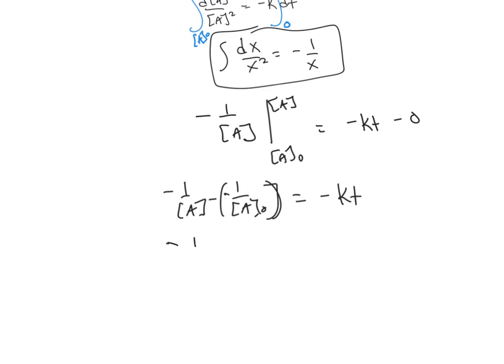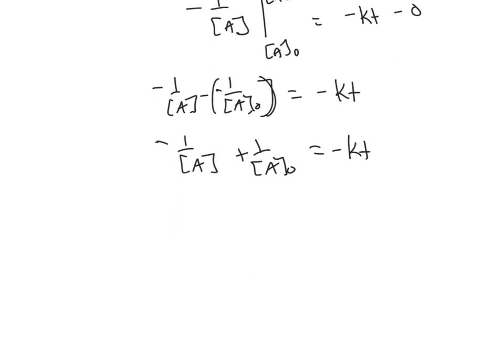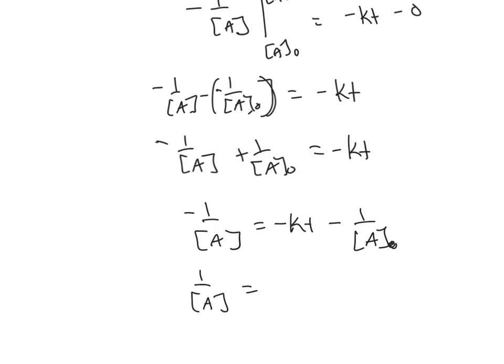So negative 1 over A plus 1 over A initial equals negative kt. Negative 1 over A is equal to negative kt minus 1 over A initial, and multiply everything by negative 1. So you have 1 over A is equal to kt plus 1 over A initial.